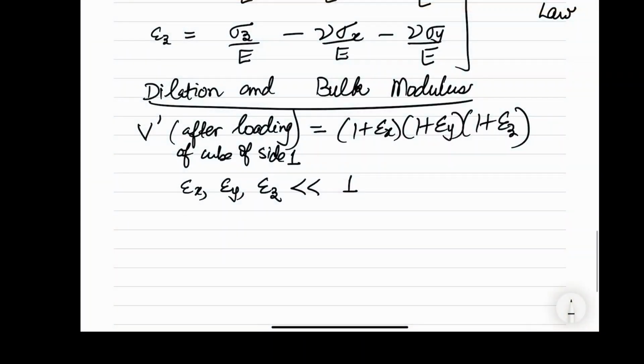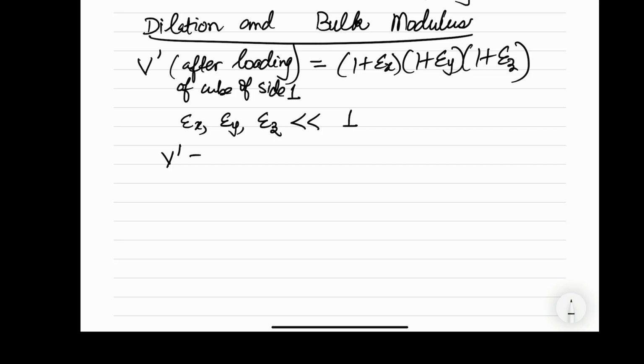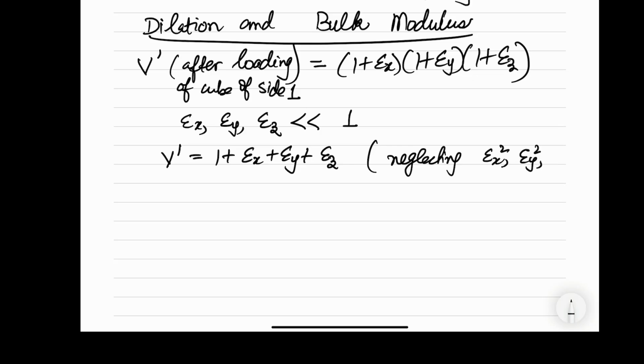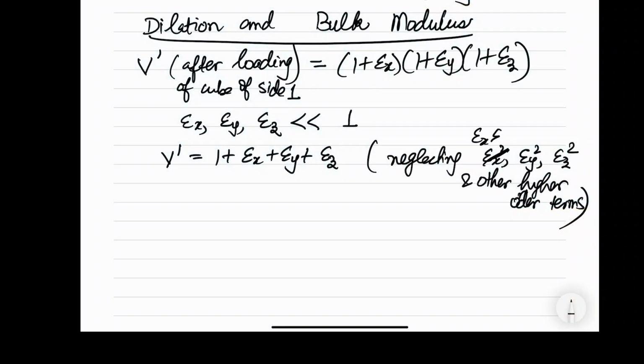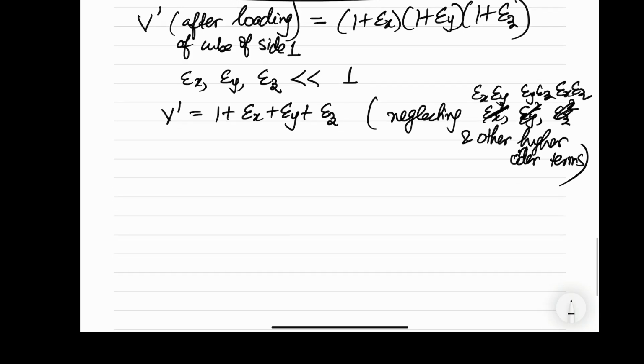So we can write V prime, if we neglect the higher order products like epsilon x epsilon y, epsilon x epsilon z, and the cubic terms. So this is what V prime will be.